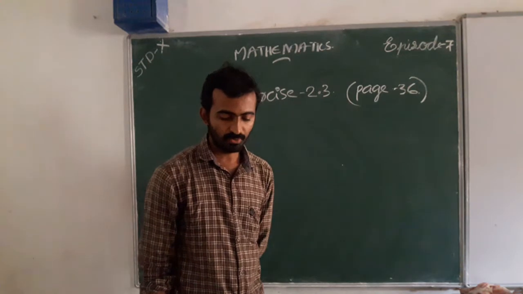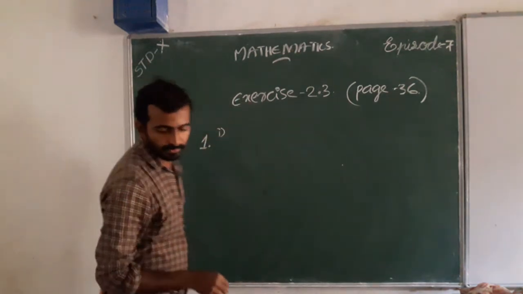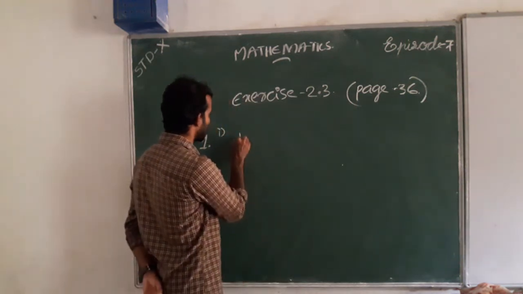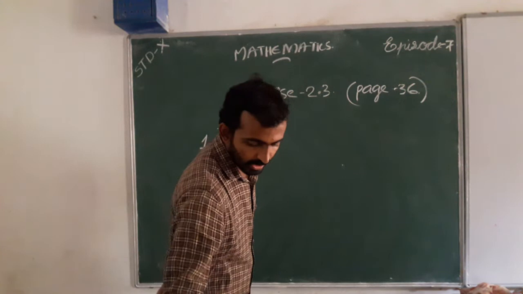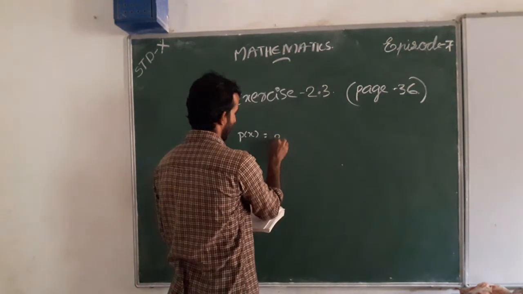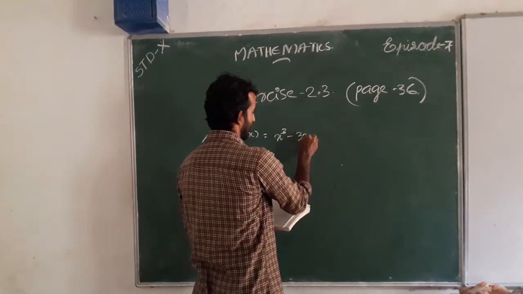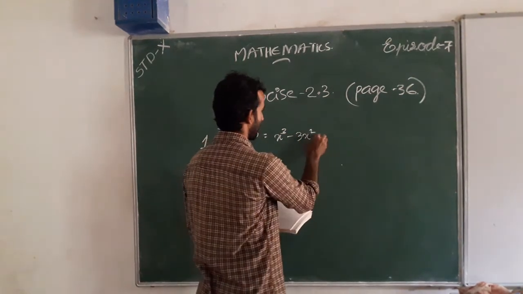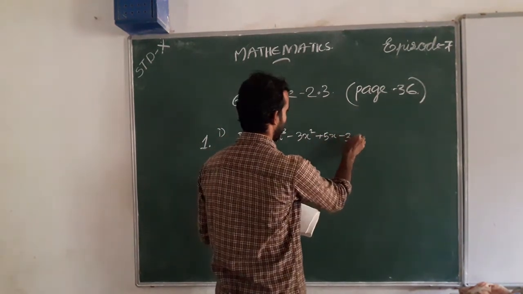The first one is p of x equal to x cube minus 3x square plus 5x minus 3.